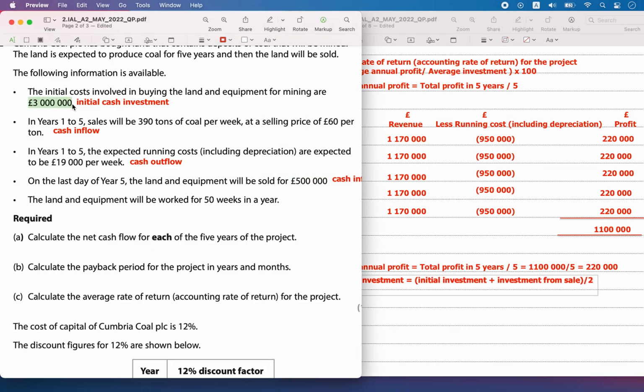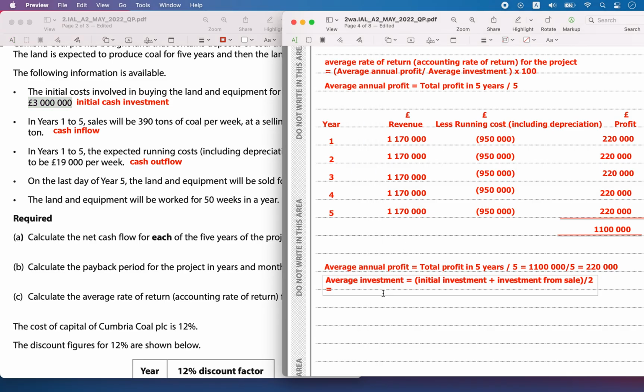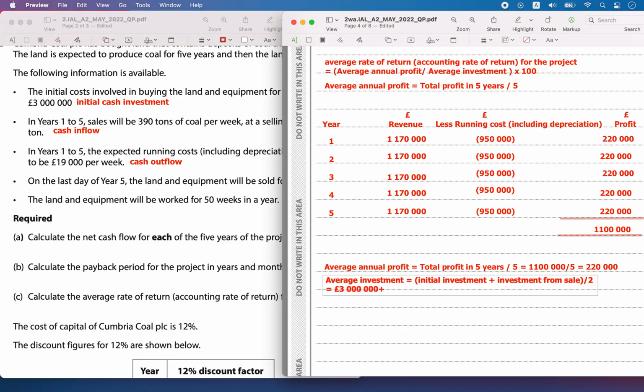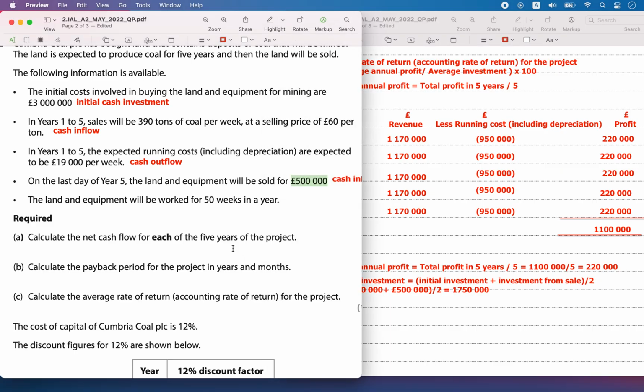There was a 3 million cash outflow plus 500,000 inflow, divided by 2. So 3 million plus 500,000 divided by 2 is equal to 1,750,000. This represents the average investment in pounds.